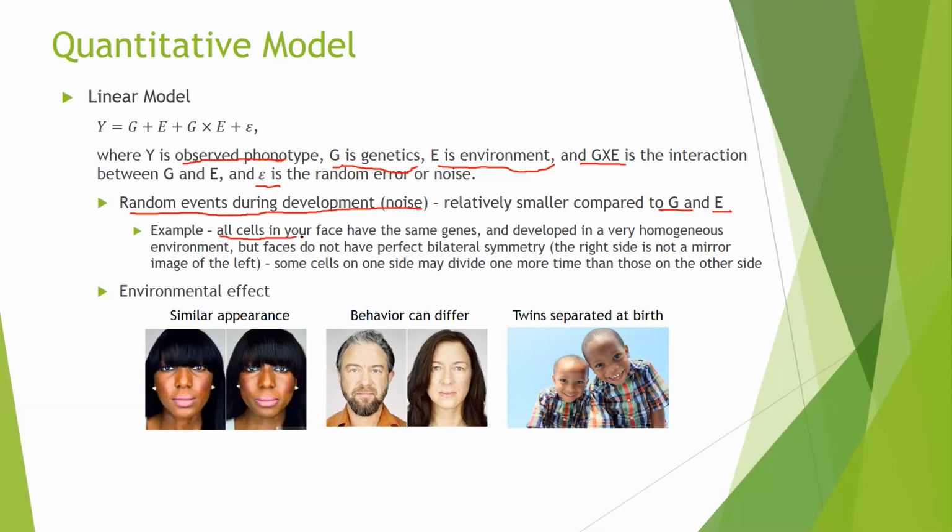All cells in your face have the same genes, right? Identical genetic makeup. And all the cells are developing in a very similar homogeneous environment. But why does your face not look perfectly bilaterally symmetric?